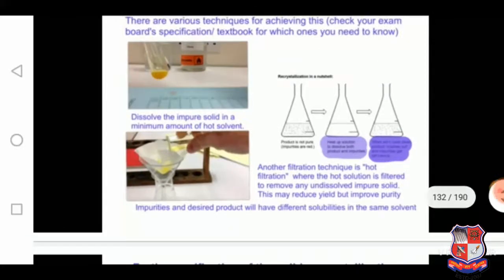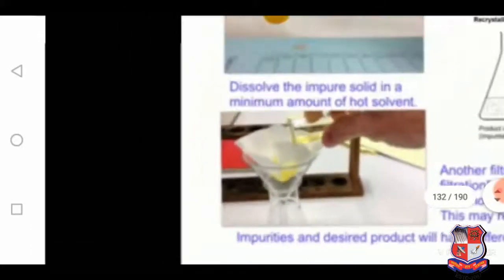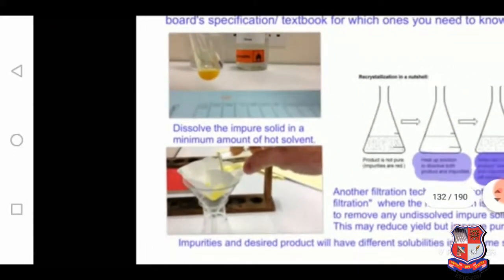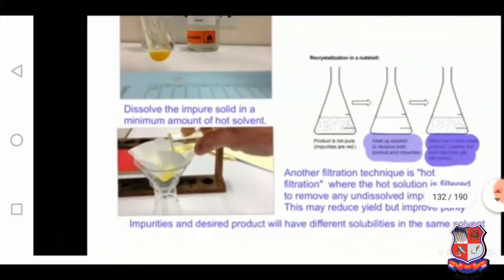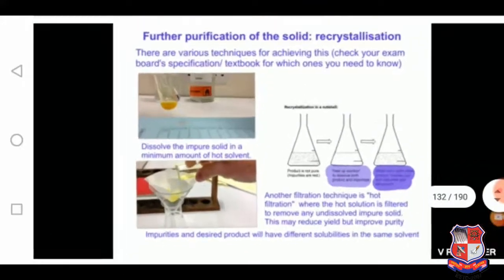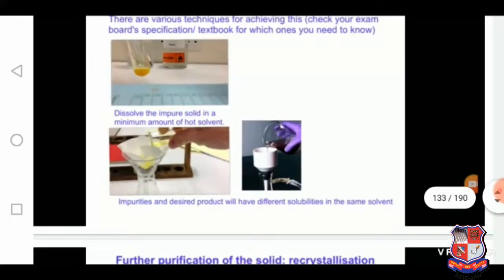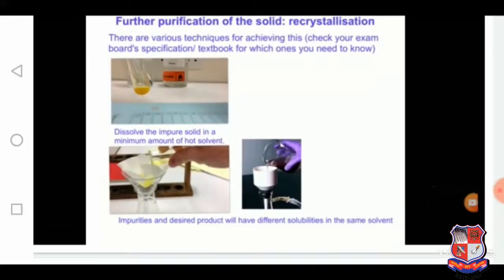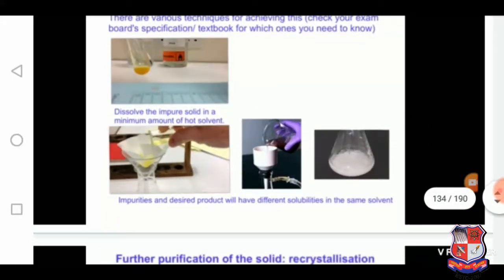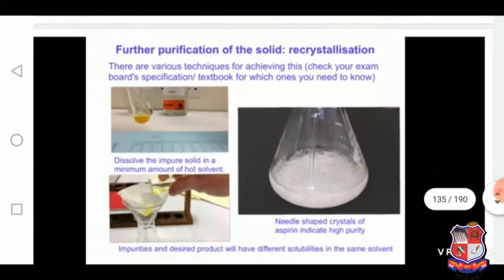After that the filtration takes place, and this is how it looks. We use filter paper, and the hot solution is poured on top of it to filter out the compounds. We can use a Buchner funnel with the vacuum pump, and after that we get the product out.